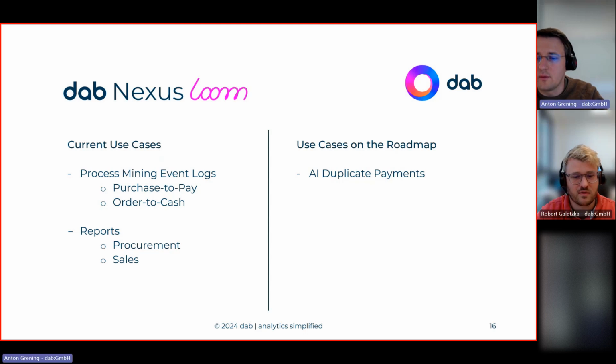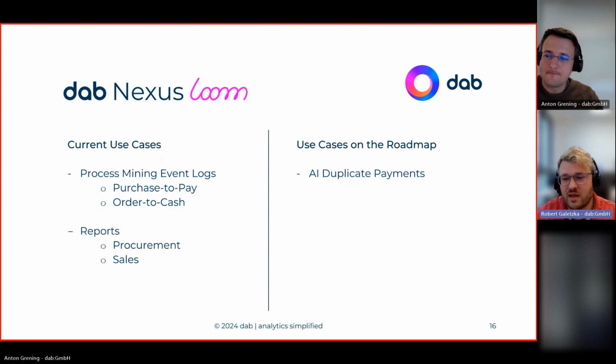Too many false positives, or you don't want to generate too few results, not going on the risk to lose the potential. So you always have this potential list of duplicates. You can be very strict with the filters, but then you might lose some potential duplicate payments. And if you're not too strict, then you have lots of potential duplicate payments. And here we saw potential to use AI.